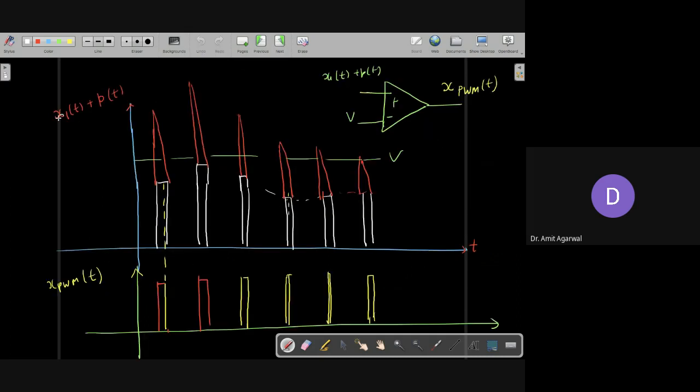When you add these two signals, first is PAM and second is sawtooth, you can write x subsaw, or you can use M also. We have used M everywhere, so you can replace it with M. It's not a big deal. Once you sum them, the summation of these two waveforms would look like this.